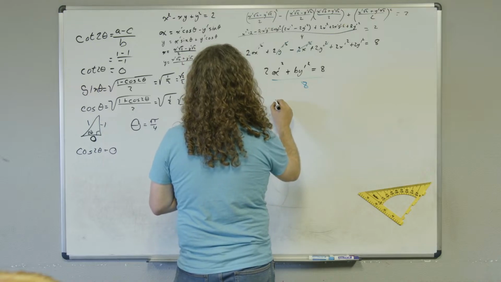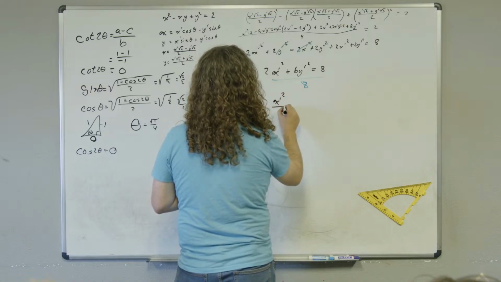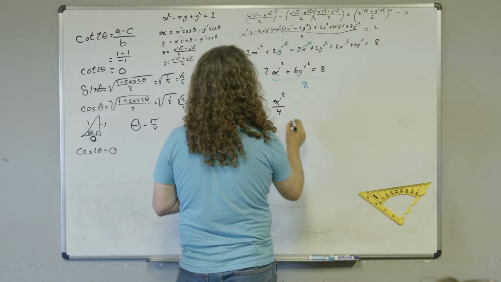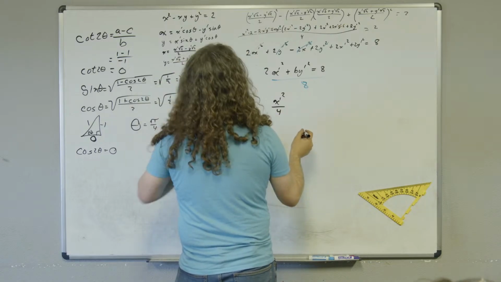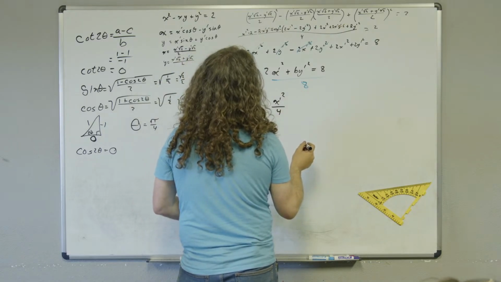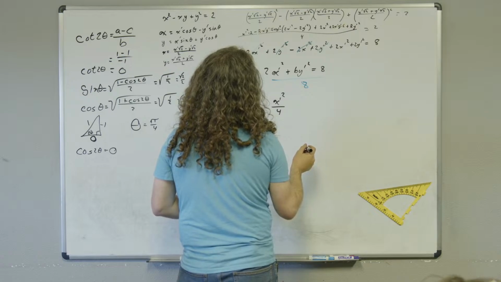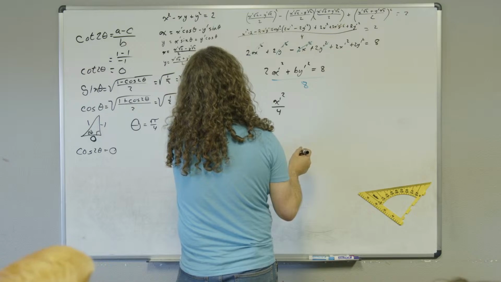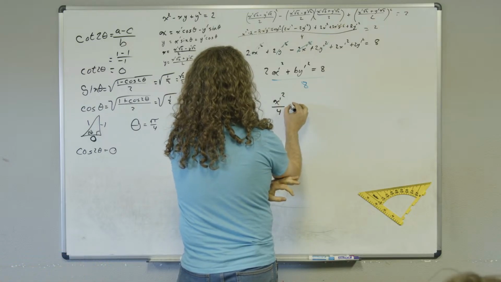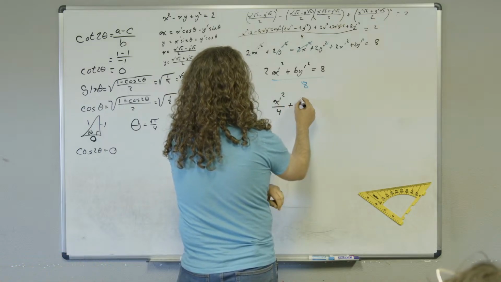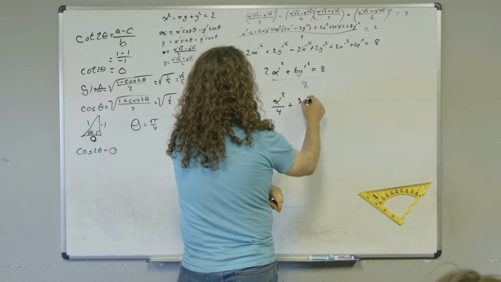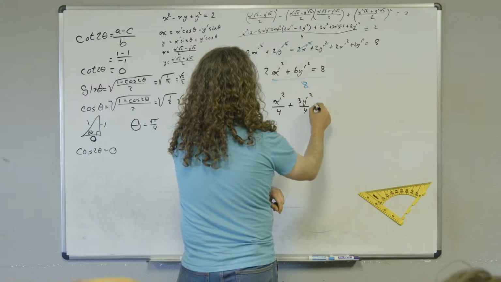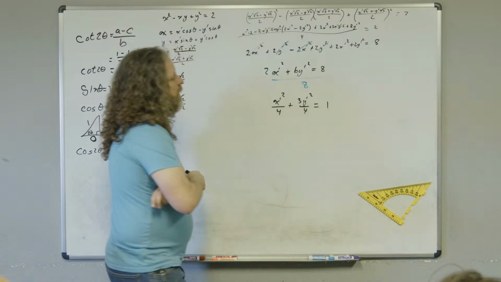And end up with x prime squared over 4 and 3/4 divide by 4/3. That's really what we wanted to do. Let's walk it all out. Okay, so plus 3y prime squared over 4 equals 1.